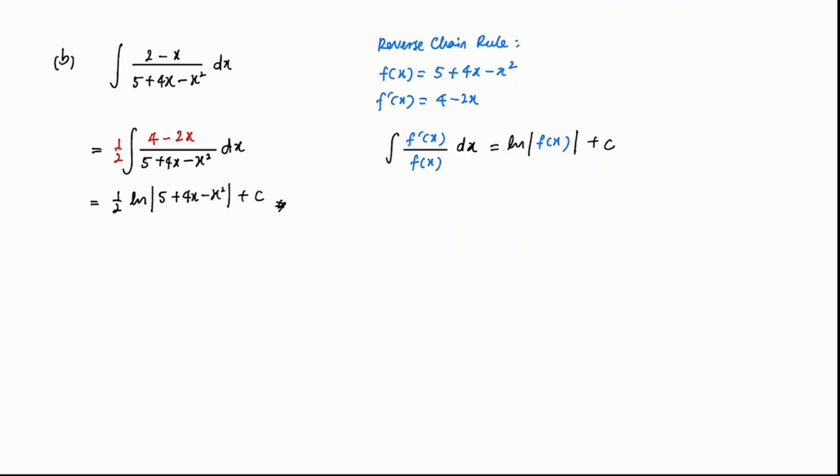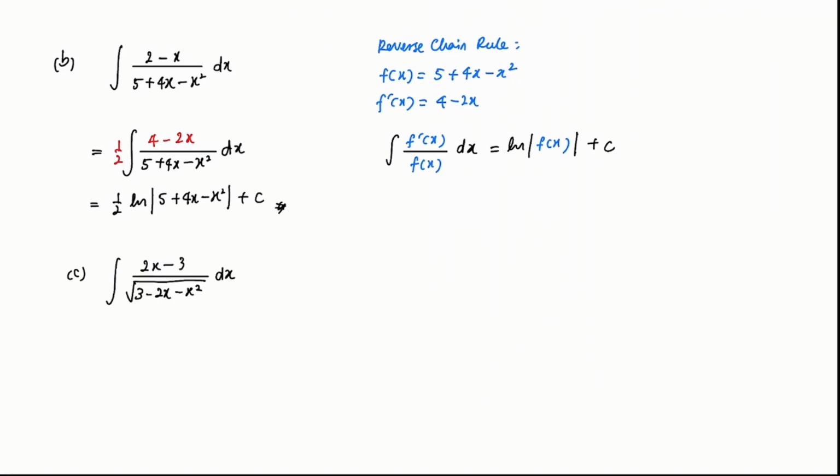Now moving on to part C. First, we need to ask ourselves, when we differentiate here, will we get something like this? So let's check. Over here, if f of x is equal to 3 minus 2x minus x squared, when we differentiate, we should be getting something like this.